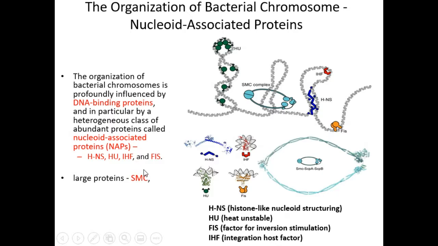And IHF can also impact a range of DNA-based processes like replication initiation and recombination. And FIS binds throughout the genome. They can impact transcription, replication, and recombination. They can also influence chromosome compaction.